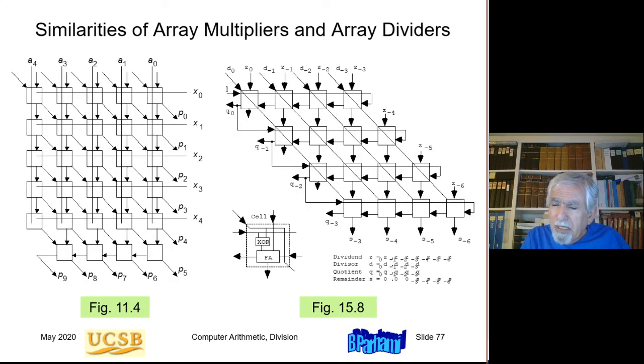Okay, similarly, array multipliers and dividers have similar structures, although the cells are a little bit different. The structures and connectivity are roughly the same.